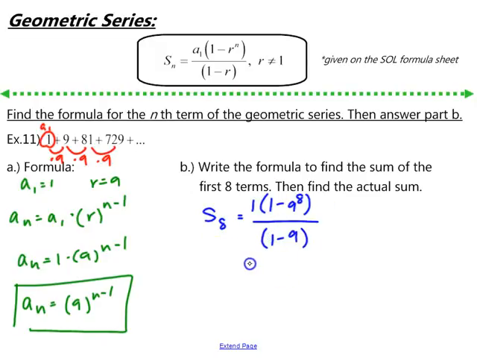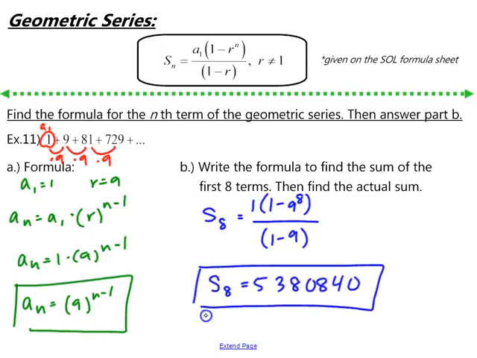After we substitute in these values, we need to actually find the sum. So we're going to simplify all of this, and we are going to get a sum of 5380840. This is the sum of the first 8 terms of this geometric sequence.